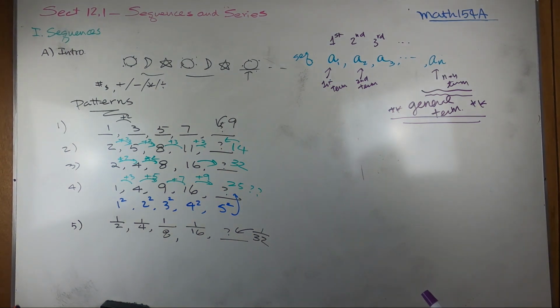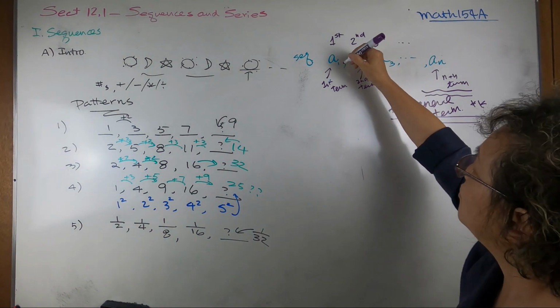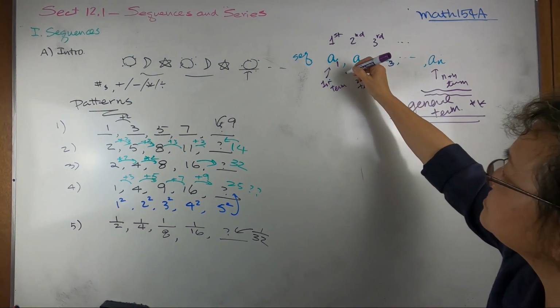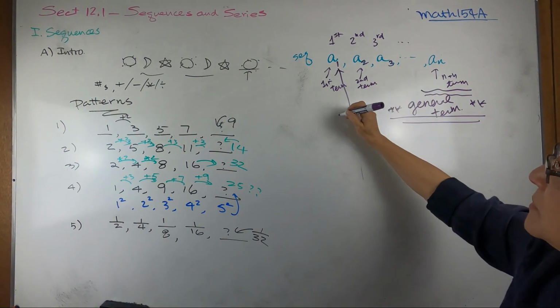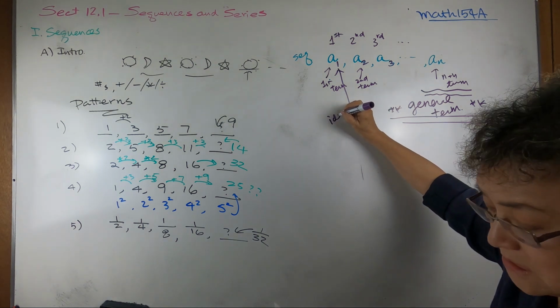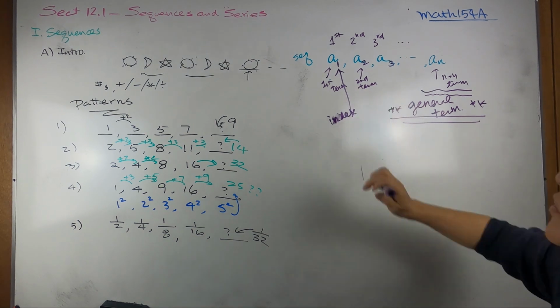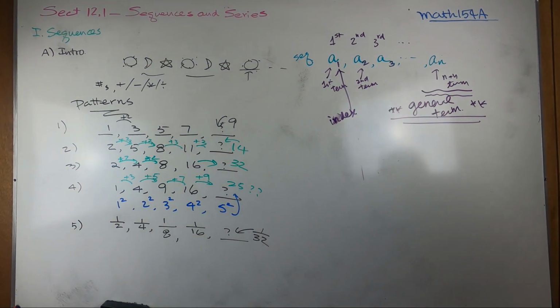And the subscript, those 1, 2, 3, what do we call them? The subscript is the index, the pointer that tells you which term we are talking about.